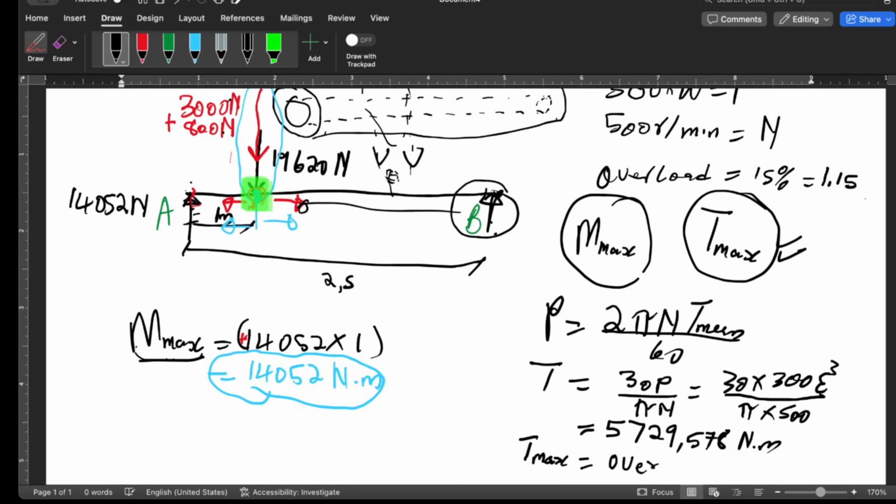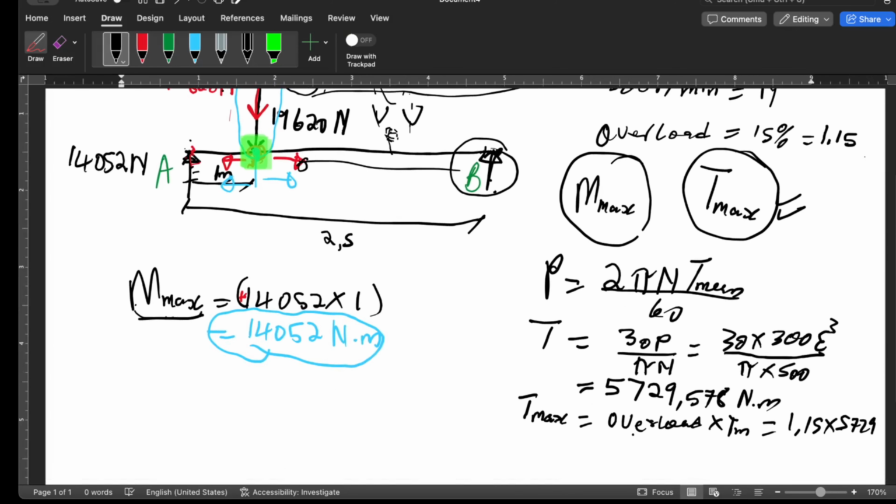Overload times T mean, which we have 1.15 times 5729. And what do we get? 6589.015.